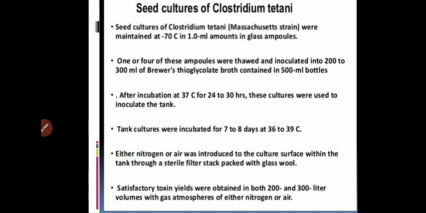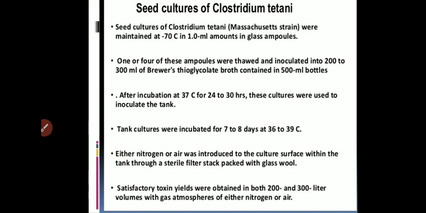After this incubation process, this thioglycolate medium containing our strain is inoculated in the fermentation tank or culture tank. In this culture tank, it is incubated for 7 to 8 more days at 36 to 39 degrees Celsius.